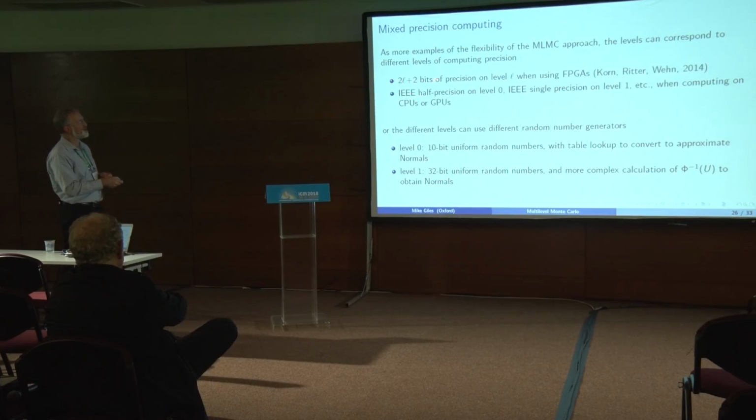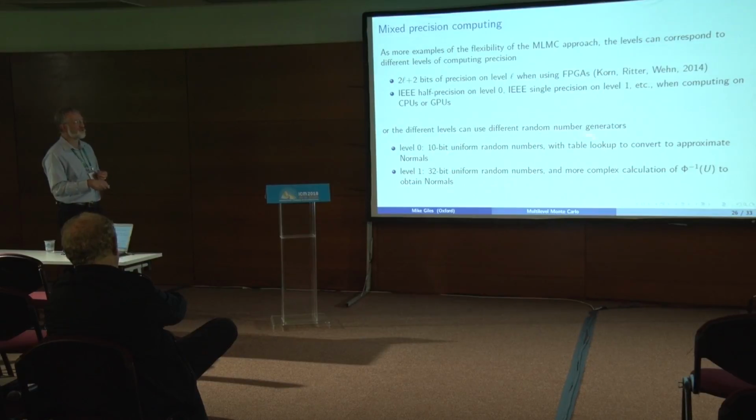And so they increased the number of bits of precision on the different levels. I've got a student who's starting work on GPUs in which, as well as having single precision and double precision, there's also half precision, half floating point precision, 16-bit floats. And so again, multi-level can be used so that you can get full double precision accuracy, but doing most of the calculations at half precision.